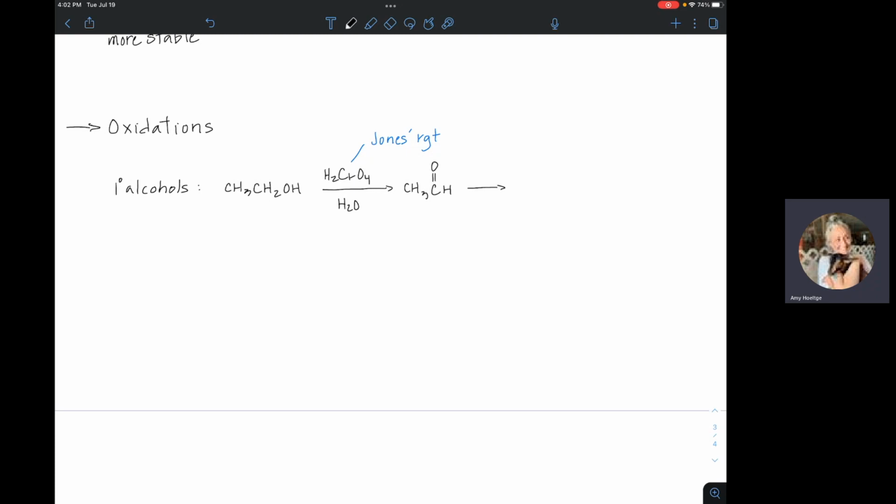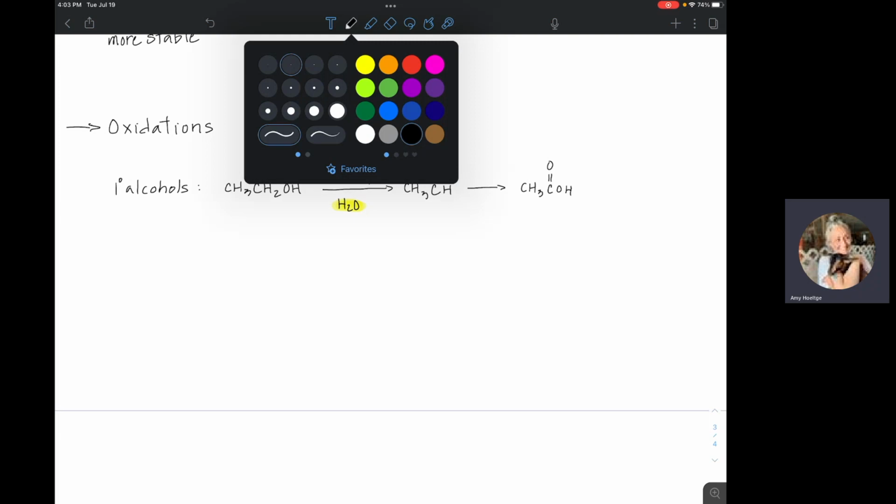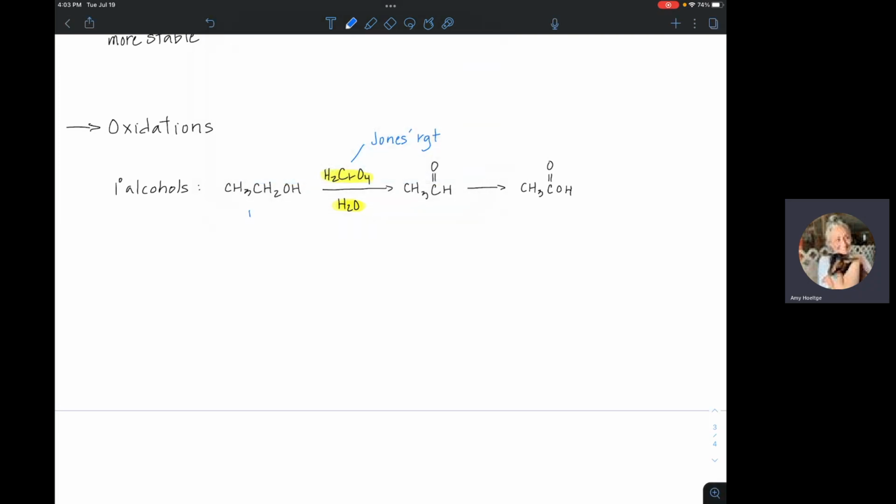And it won't stop at the aldehyde if water is present. So we have Jones reagent, which is chromic acid, meaning aqueous conditions. The aqueous conditions are the key feature here. This will be oxidized straight up to the carboxylic acid, which is the next oxidation state for that carbon. So here we have our primary alcohol, here we have an aldehyde, and here we have a carboxylic acid.